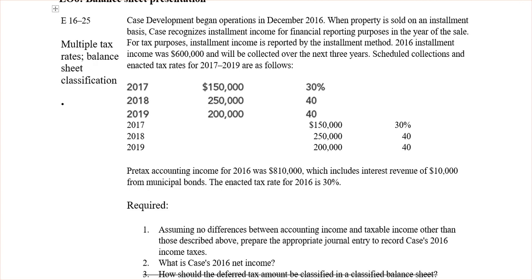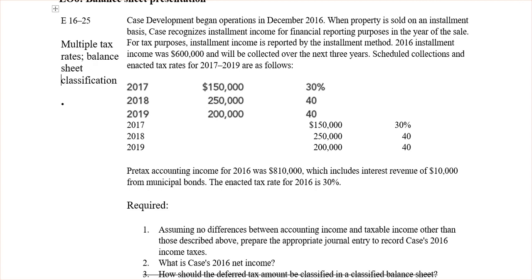So we only either need to look at the top 150, 250, 200, or we need to look at the bottom, your choice. But what we are saying here is installment income was 600. So installment sales revenue in the first year, the originating year, was 600,000.